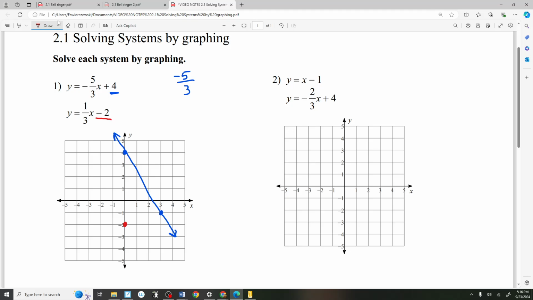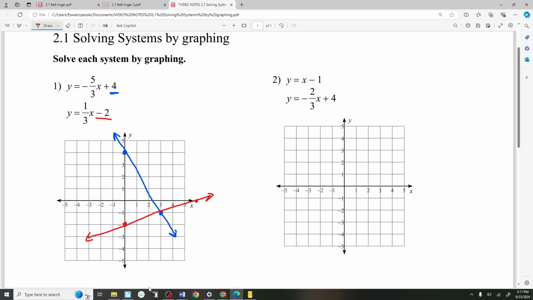And my slope is 1/3. So that means I go up 1 over 3. Up 1 over 3. That would kind of be somewhere over here. And then I would draw that line, which will look roughly like that.